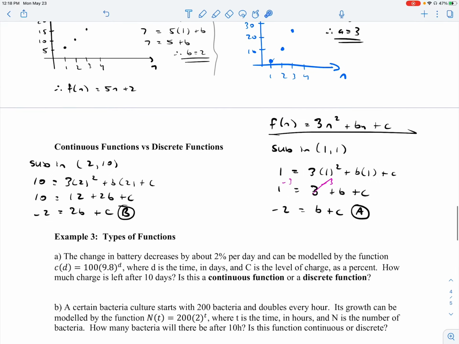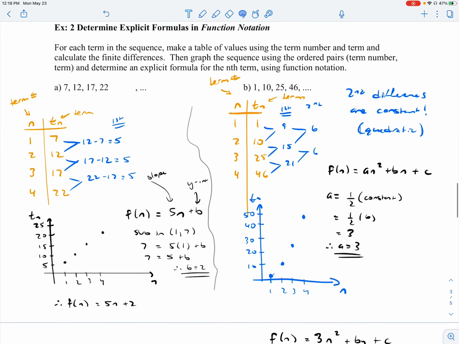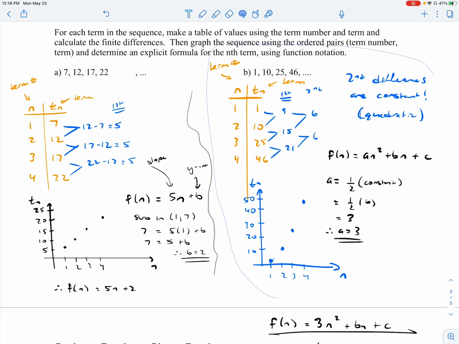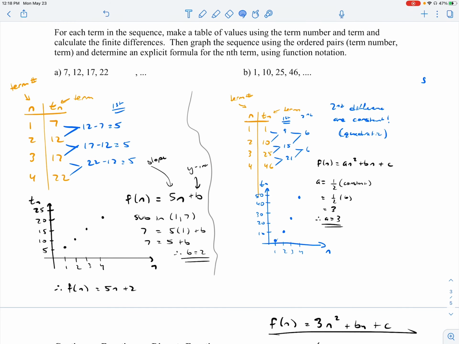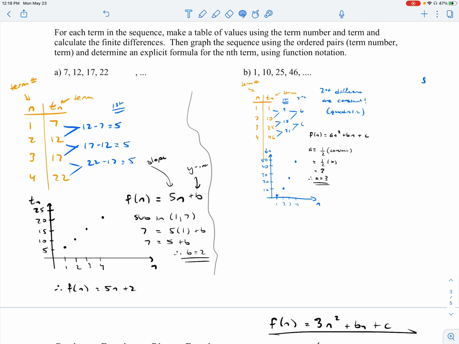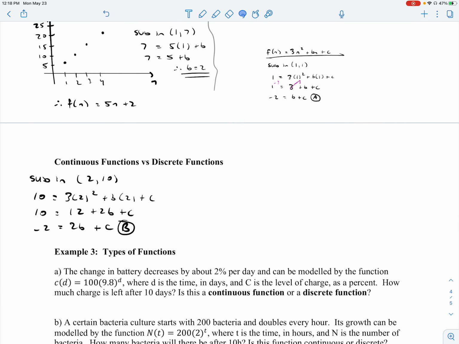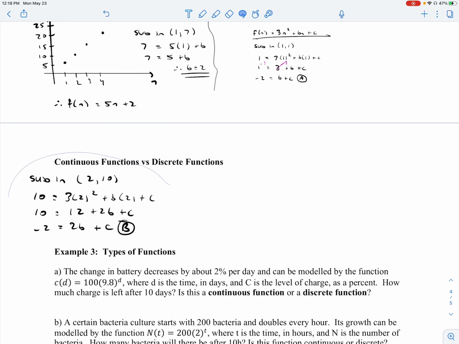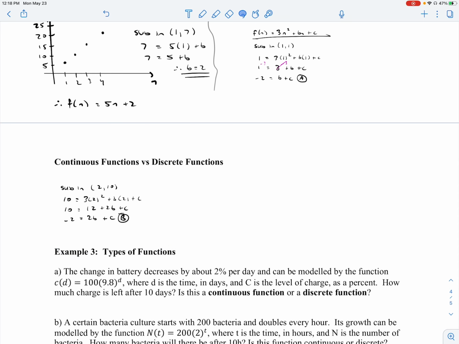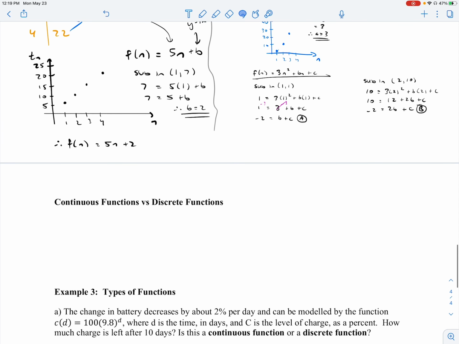I'm just going to create a little more space here. Okay, and I'm just going to highlight those two equations that we have.